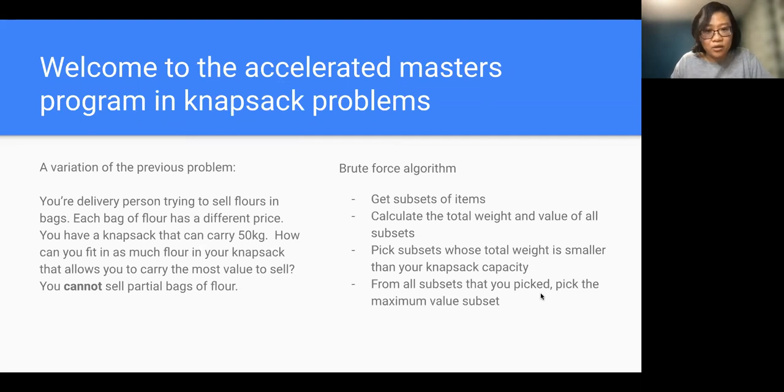Now what's the implication of that? That means that you are trying to pick the best option multiple times from what is potentially a big amount of subsets. So if you have lots of types of flours, actually you have to get many subsets of that flour.